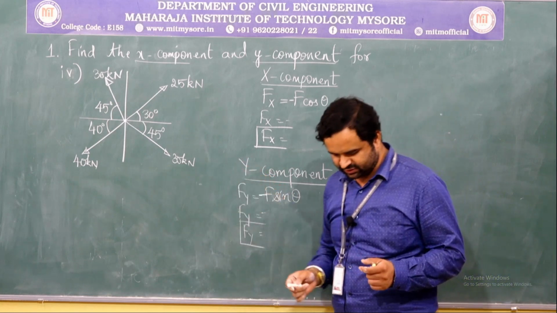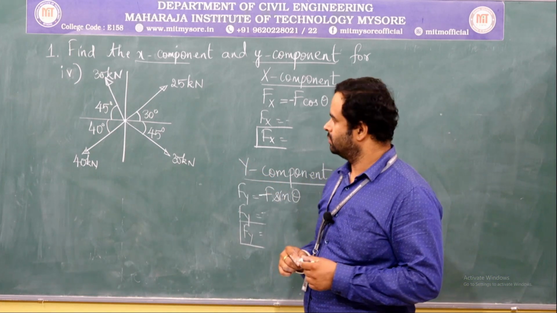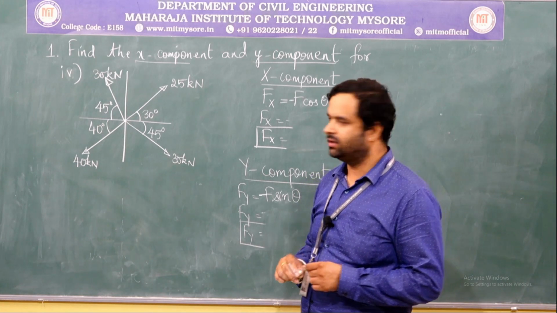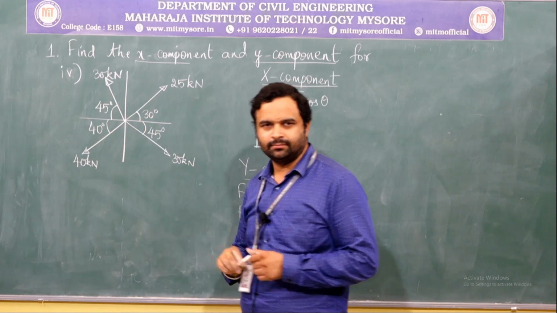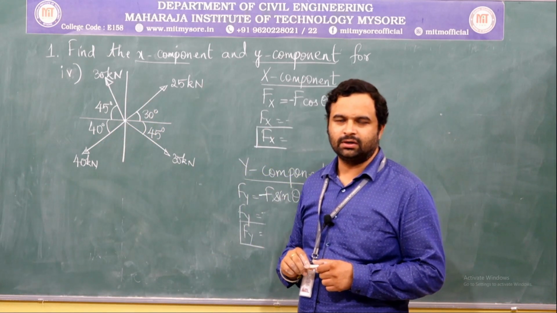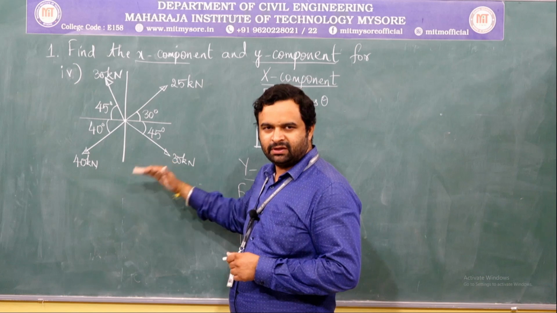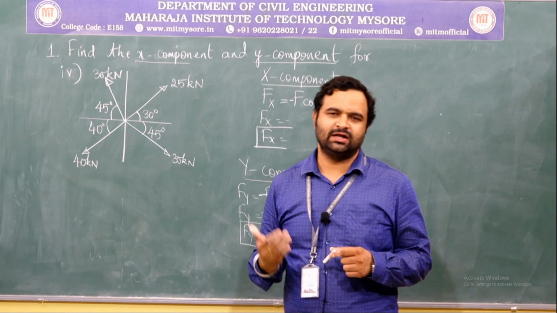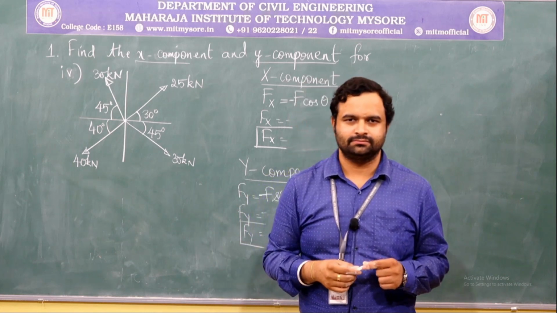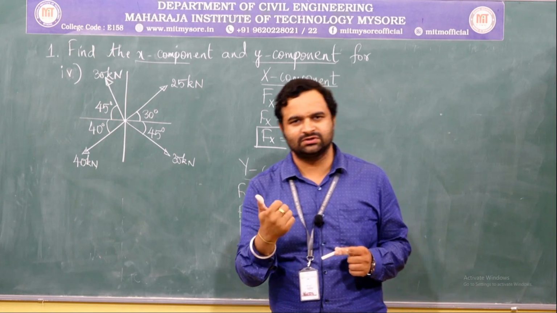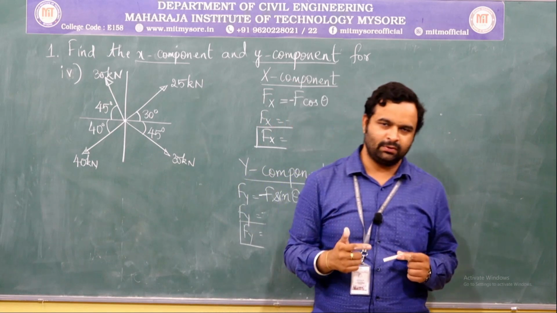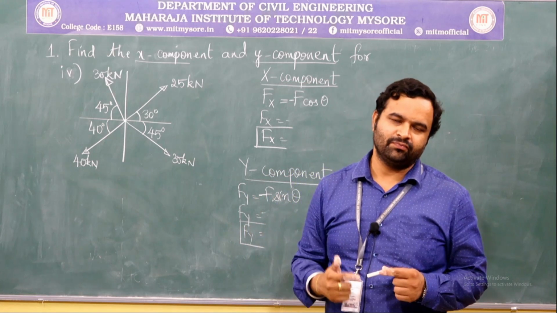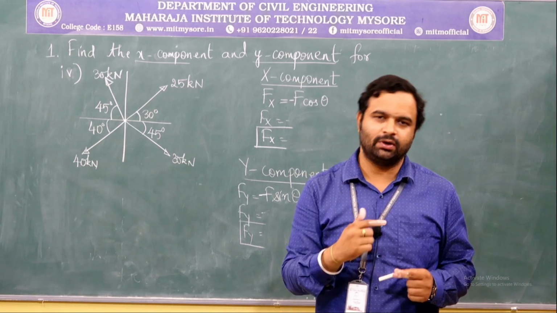If you observe in this case, we have the force systems lying in all 4 quadrants, but until the previous problem we had taken up a single force lying in a single quadrant. In the first problem, the force was lying in the first quadrant. In the second problem, the force was lying in the second quadrant. In the third problem, the force was lying in the third quadrant.